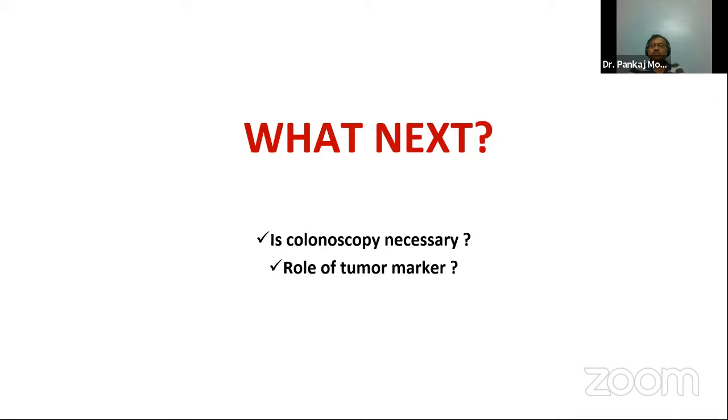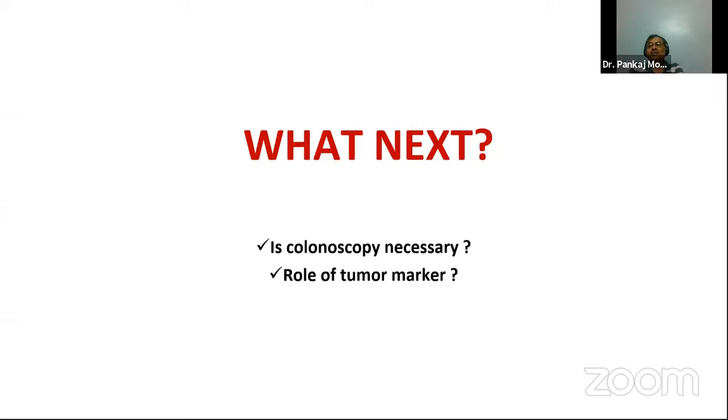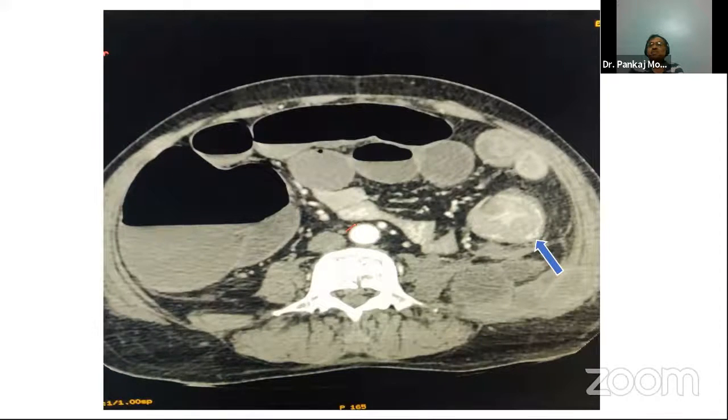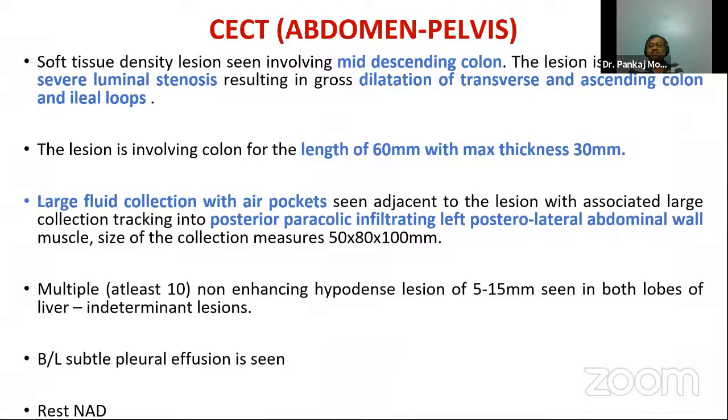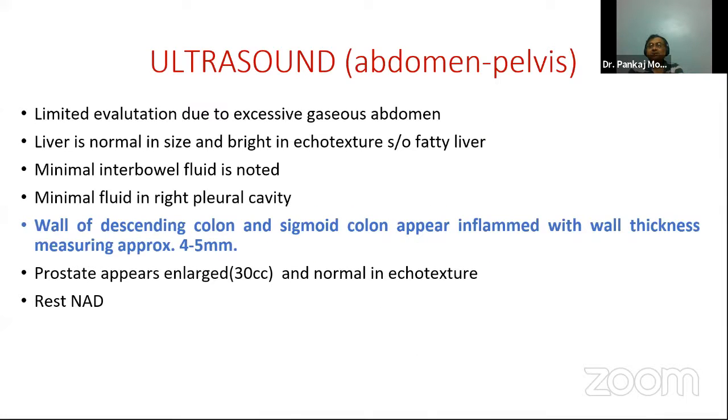What was the first USG finding? This was the USG done by the surgeon. Did you have a USG finding when the patient was admitted in the medicine ward? There was a USG done then. So this is the first USG. Look, this is the difference.